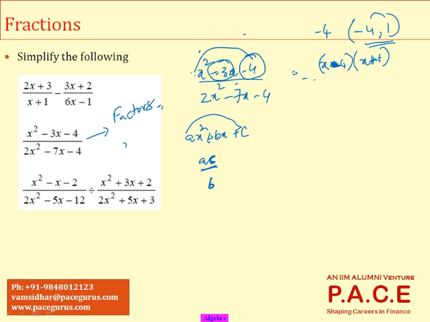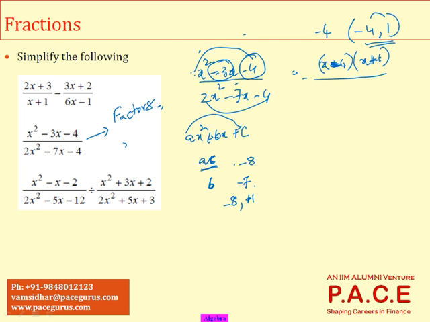Now let's try the denominator. It makes things easier for us. I have to identify two numbers whose product is equal to AC, which is minus 8, and whose sum is equal to minus 7. Now you can very well tell me: minus 8 and plus 1.